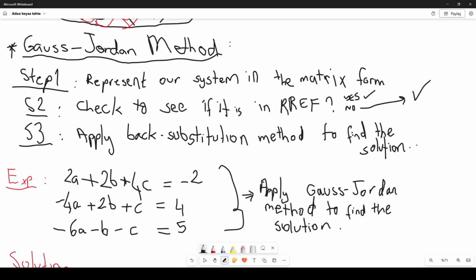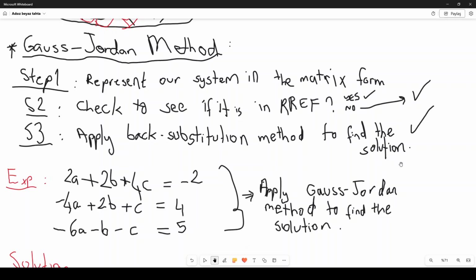So again, we convert our matrix form into another matrix form known as reduced row echelon form, as we defined above. And when we have a reduced row echelon form, then we're done with the Gauss-Jordan method, and we again apply the back substitution method to find the solution to the given system of equations.